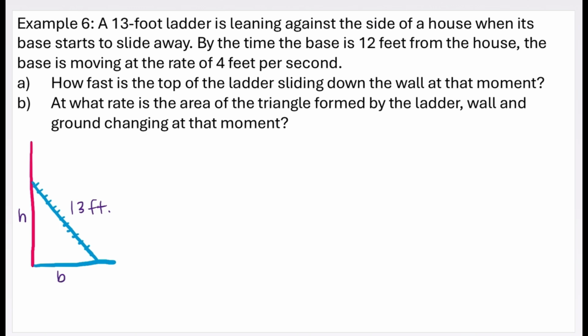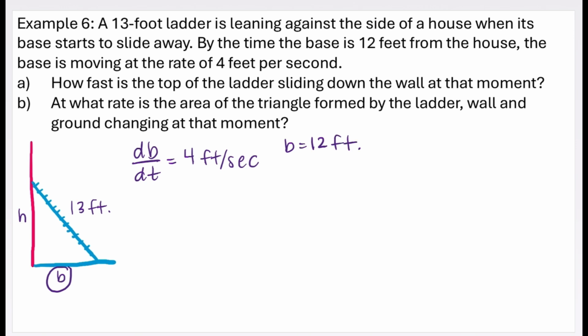It wants to know how fast the top of the ladder is sliding down the wall at that specific moment. So by the time the base is 12 feet from the house, so that is dB/dt, it's moving at 4 feet per second. The base is going to be 12 feet from the house.